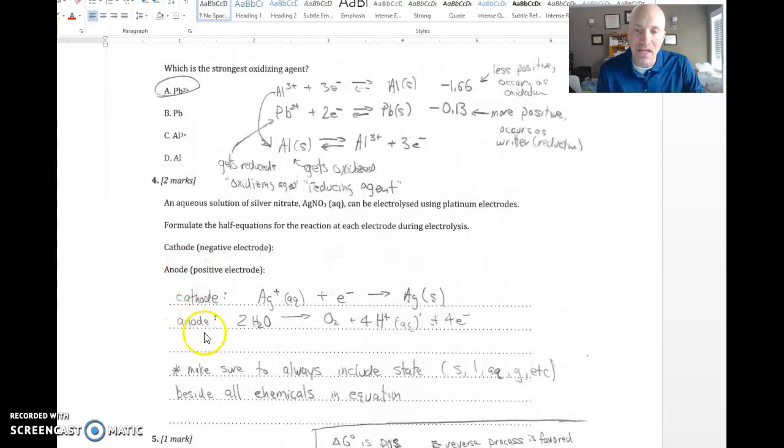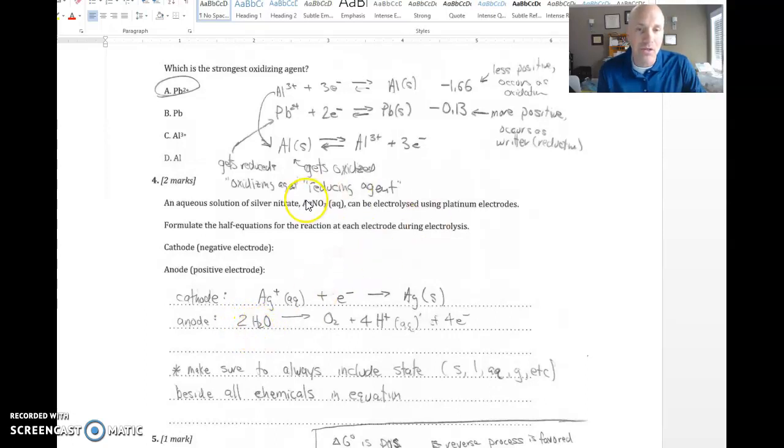At the anode, generally you're looking for halogens. Halogens, like halide ions, are the types of things that could possibly get oxidized at the anode. But remember, if it's in water, you've always got that possibility of water getting oxidized.